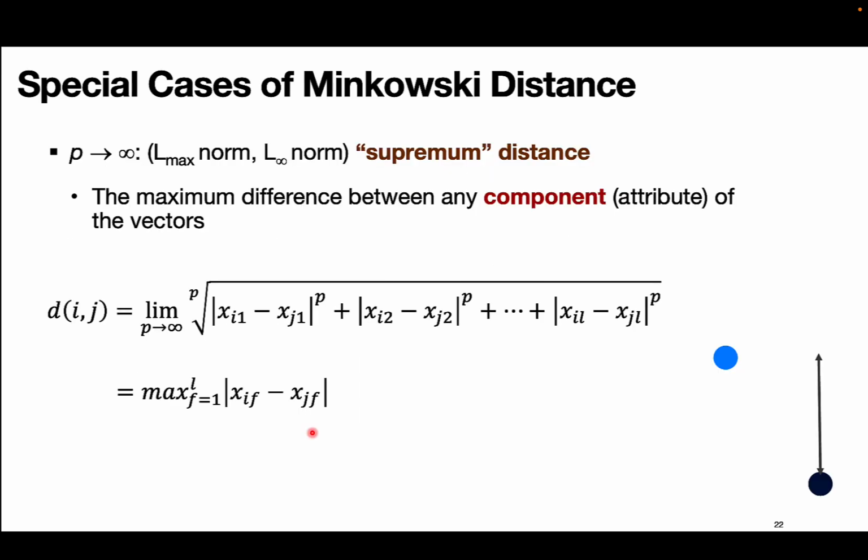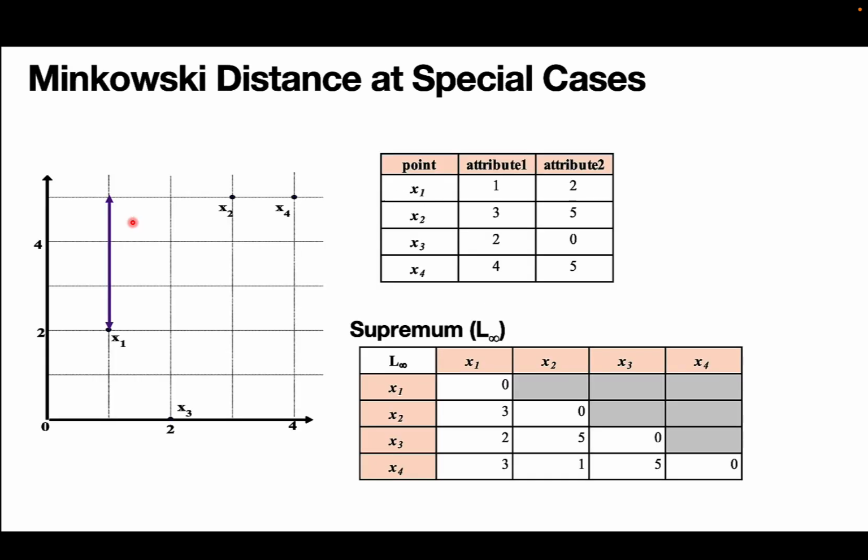Another special case is when p approaches infinity, sometimes called the Lmax norm or L infinity norm, or supremum distance. Solving this limit is going to produce the maximum difference across any dimension. And here's an example. We're trying to find the L infinity between x1 and x2.